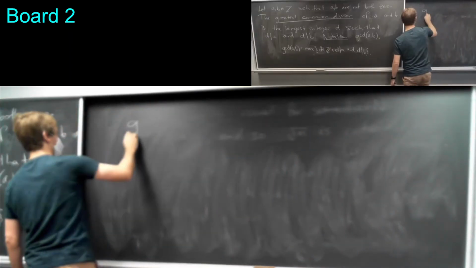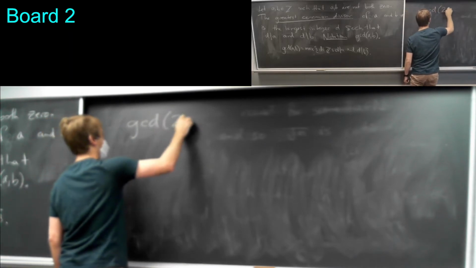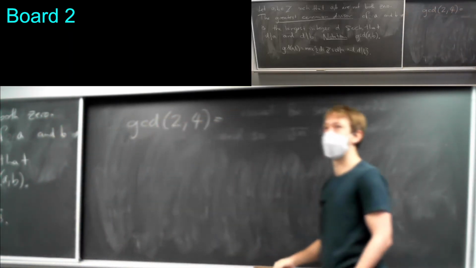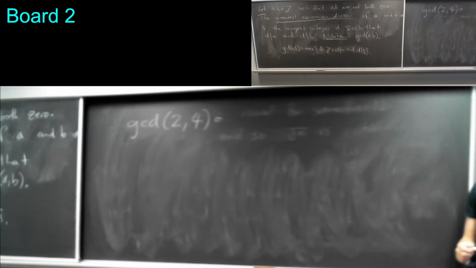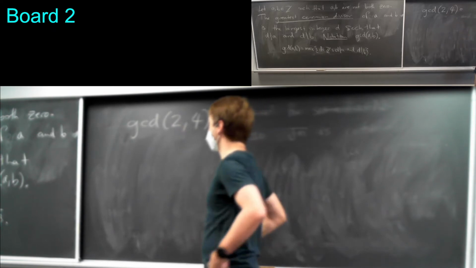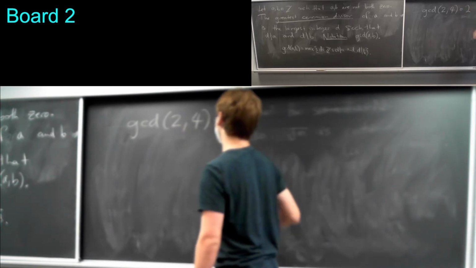So for example, what's the GCD of 2 and 4? Yeah, 4. Well, almost. It's going to be 2.